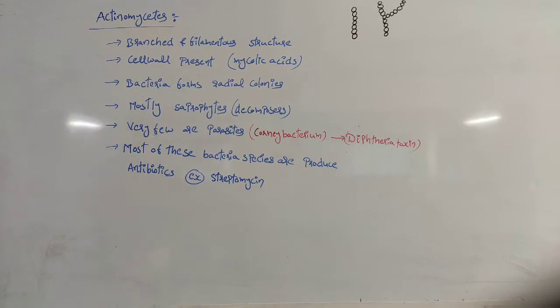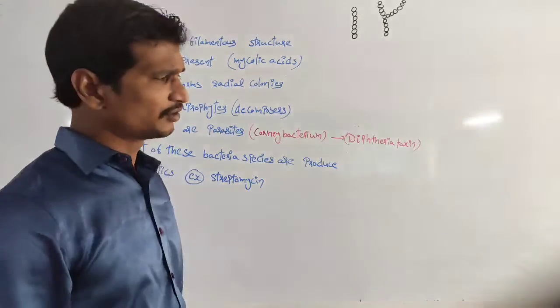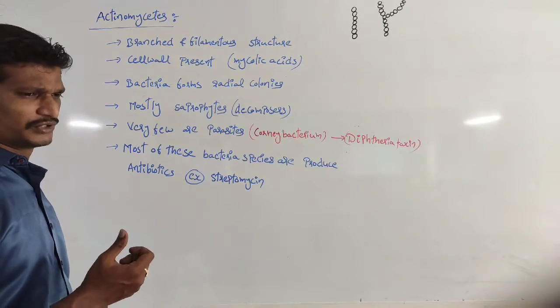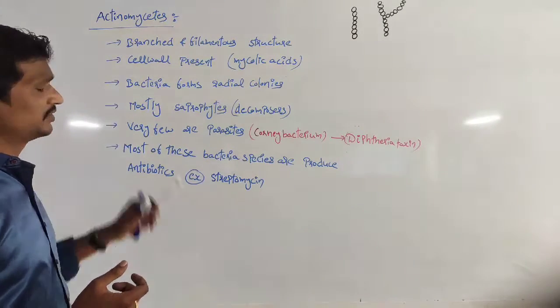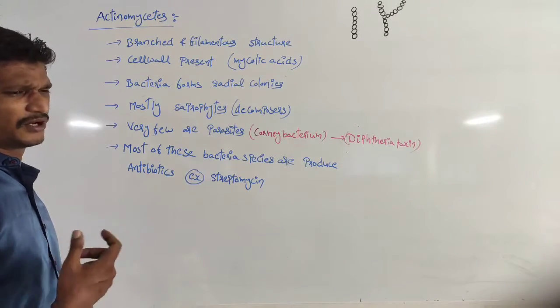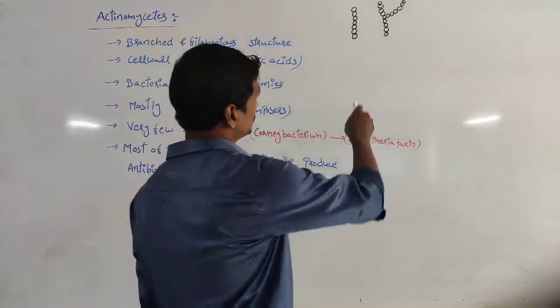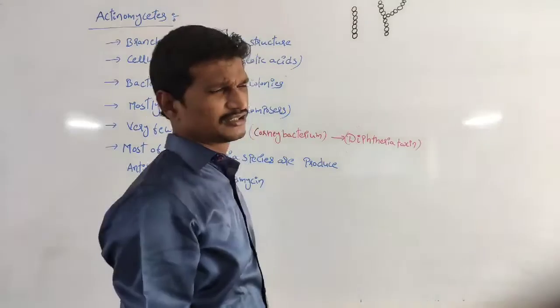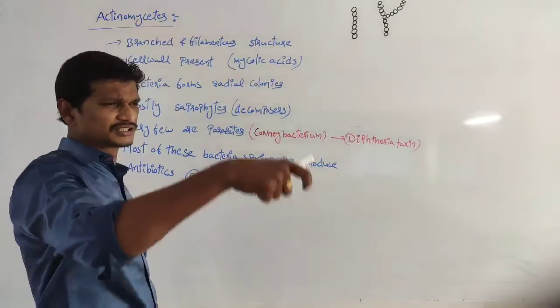Coming to the next one, the actinomycetes. This is the last one within the kingdom Monera, which forms branch and filament structures. Very simple, this is one filament structure. Many bacteria aggregate, which forms the filaments.